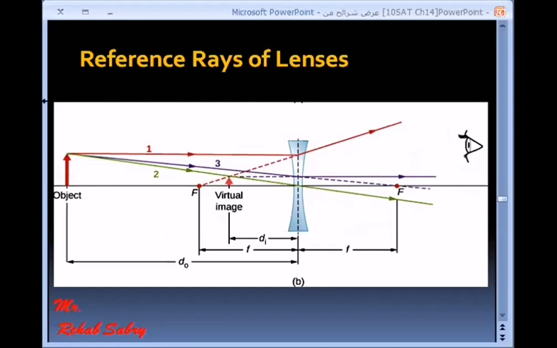Okay, here the first ray is parallel to the principal axis, so it moves away such that its extension passes through the center of curvature. Okay, this point is important to be understood. To understand that, I'll explain. I'll sketch it here.